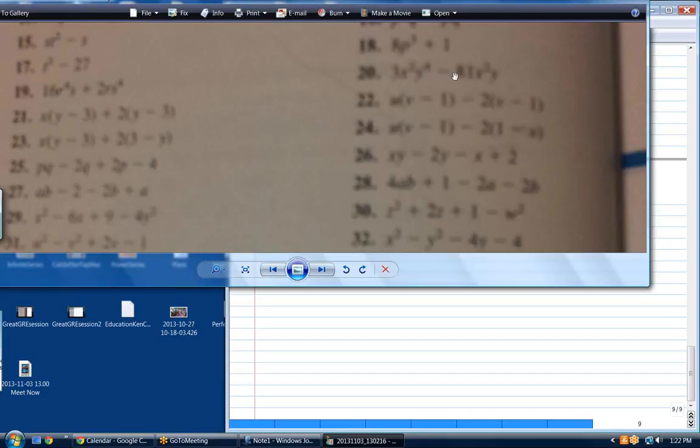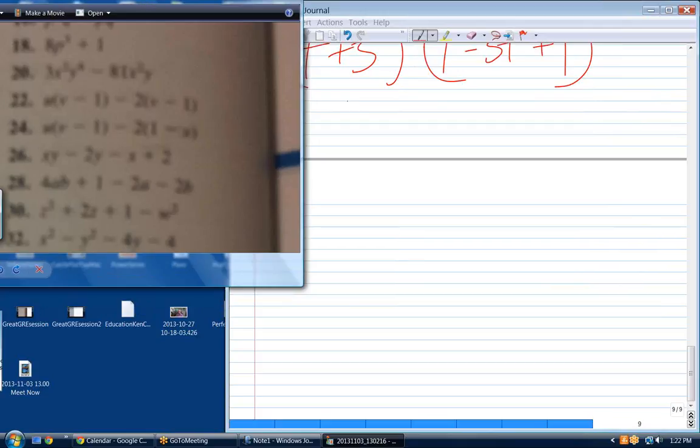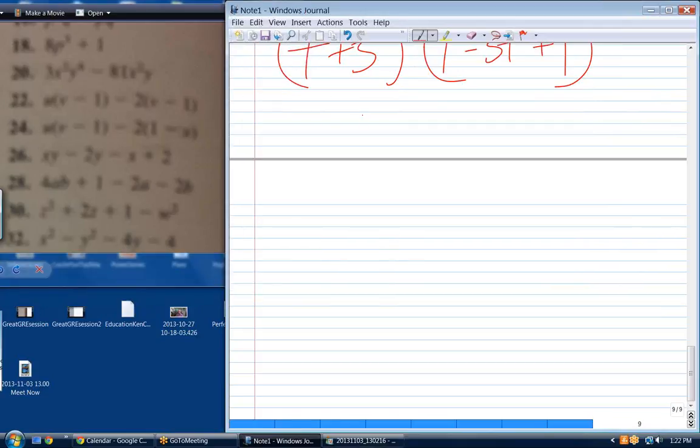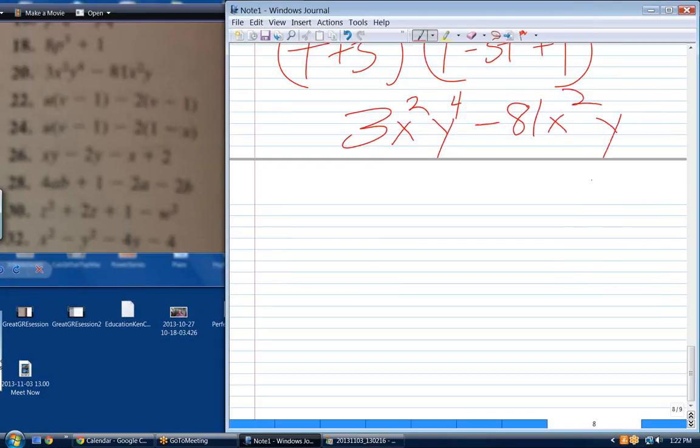Obviously, number 20, let's look at 20. You've got to do something different with 20. 3x squared y to the 4th minus 81x squared y. Yep. This is not a typical quadratic. This is a greatest common factor problem.